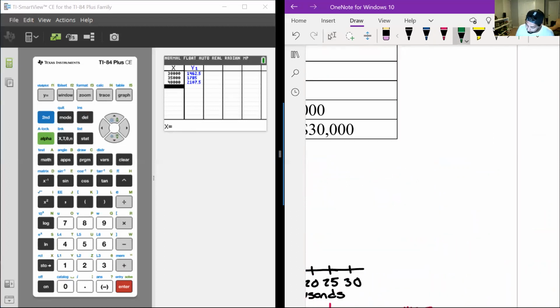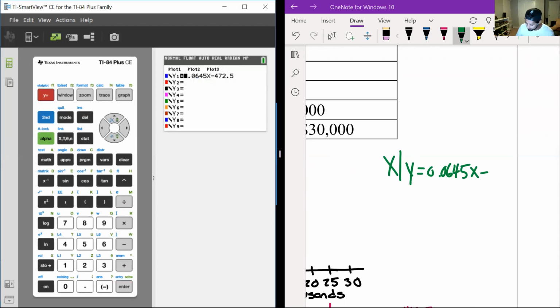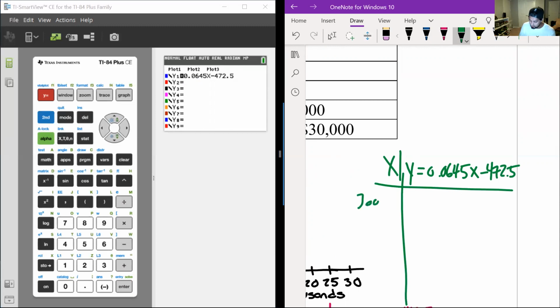So green. X and Y equals 0.0645x minus, what was it? 472.5. 30,000, 35,000, and 40,000.